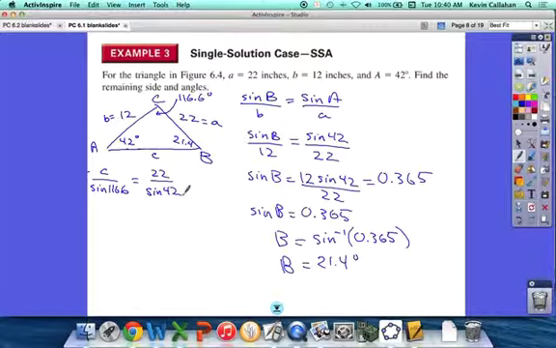So notice when we had to find the angle B, we used the form of the law of sines where the angle was in the numerator. But here, when we're looking for side c, we use the form where the side is in the numerator. We pick the one that works for us. So c equals 22 sine of 116.6 divided by the sine of 42.